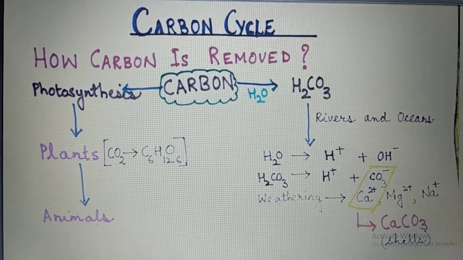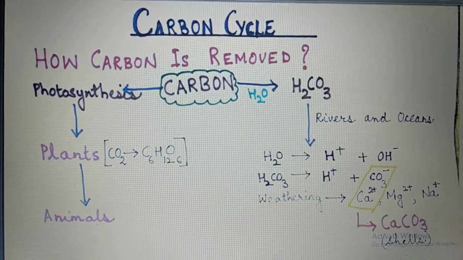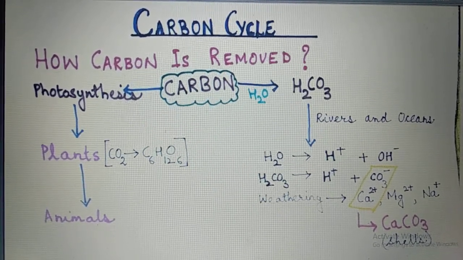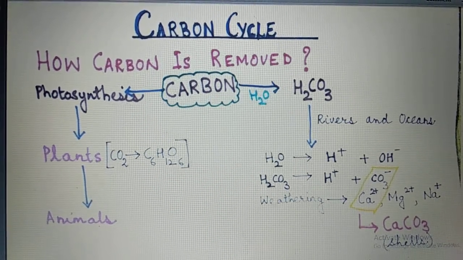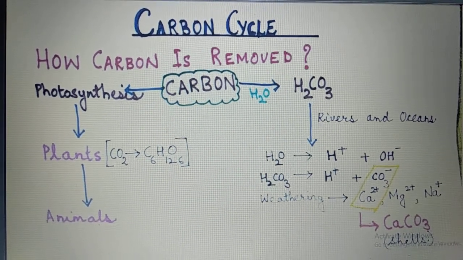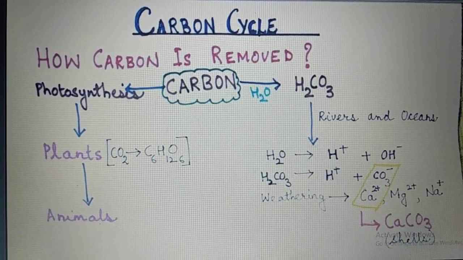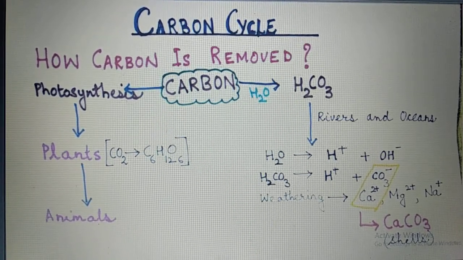This calcium carbonate forms the shells of the animals. So you can see the animals living deep under the sea, their shells, like mollusks, shelled animals, you might have seen oyster. All these shelled animals, their shells are made up of calcium carbonate, which is a chemical substance.